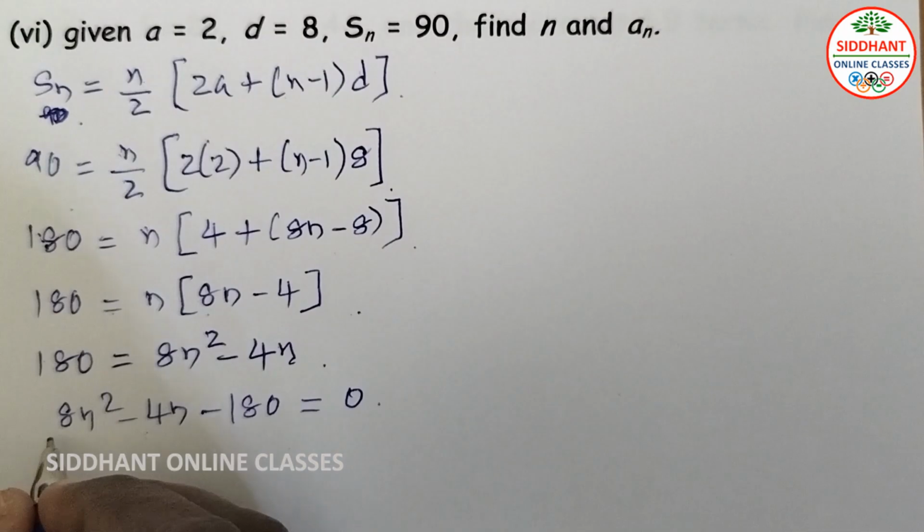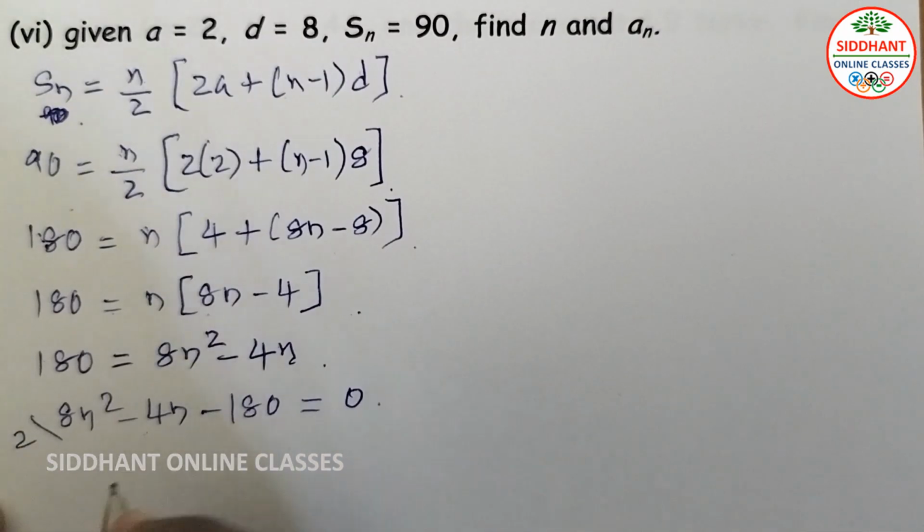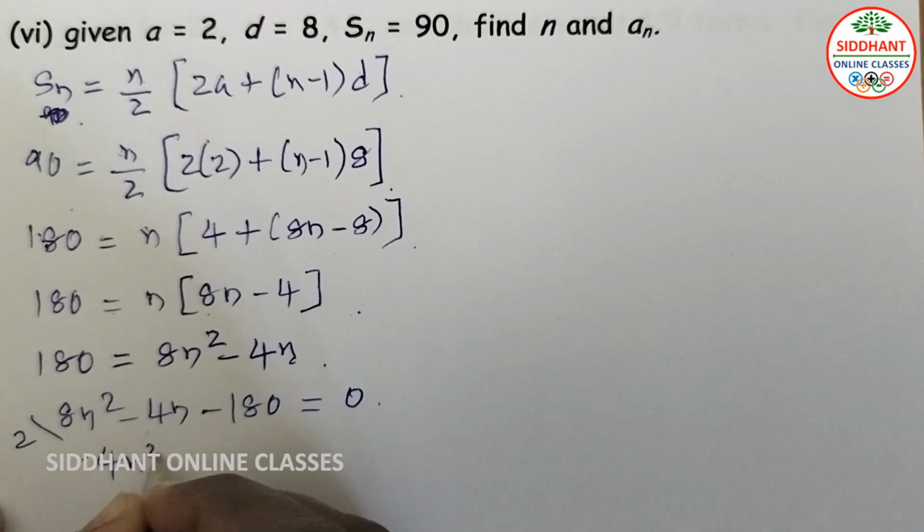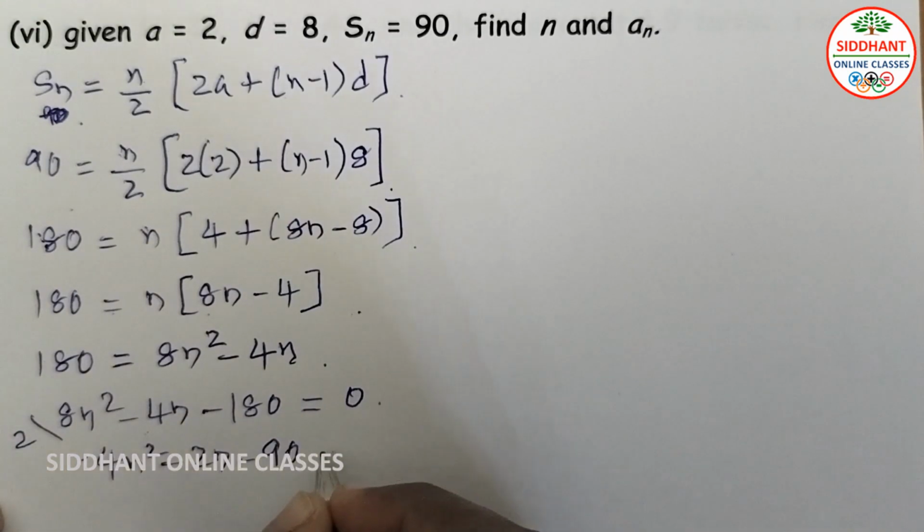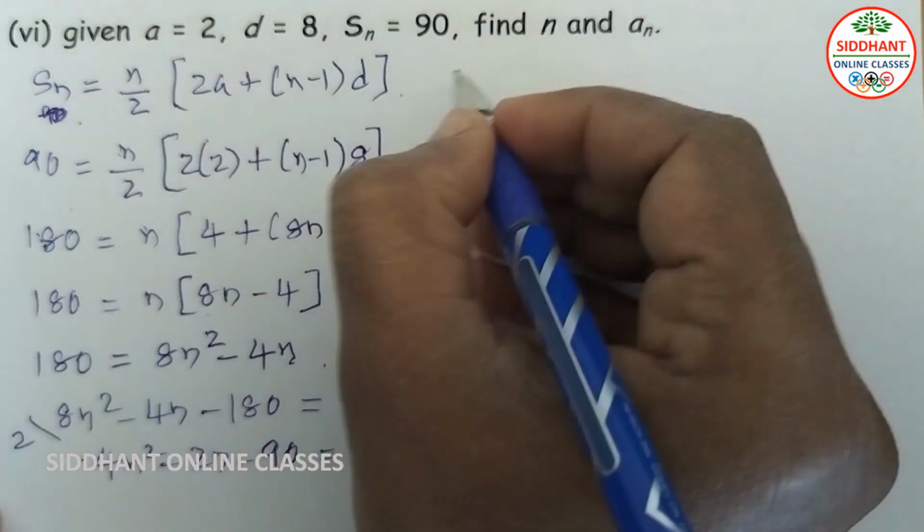So once you divide by 2 here, then we get 8 by 2 which will be 4n square minus 2n minus 90, that equals 0 here.